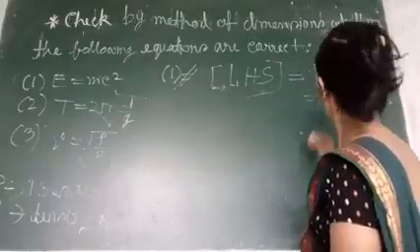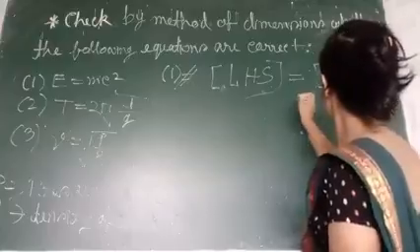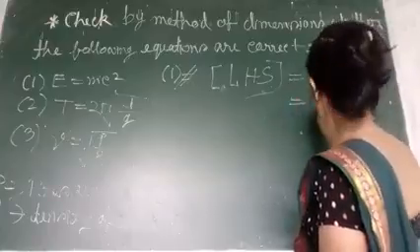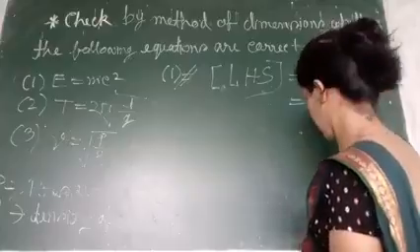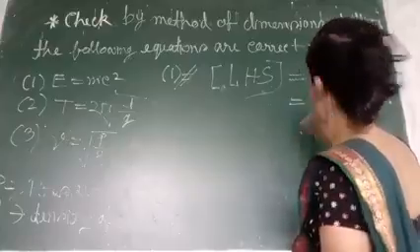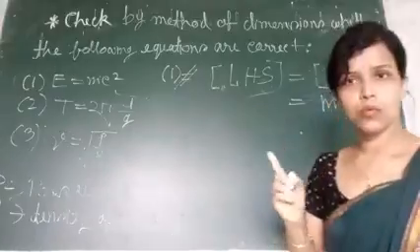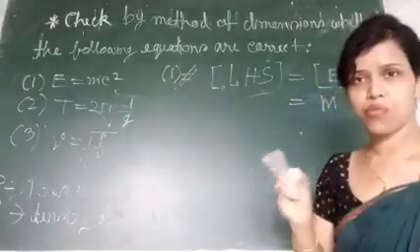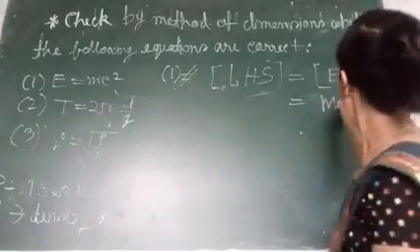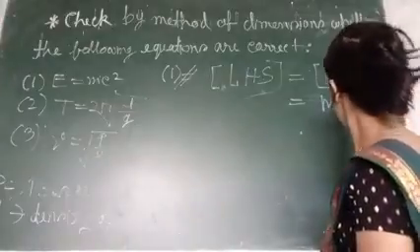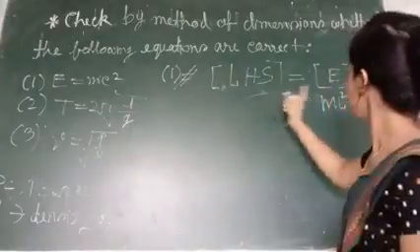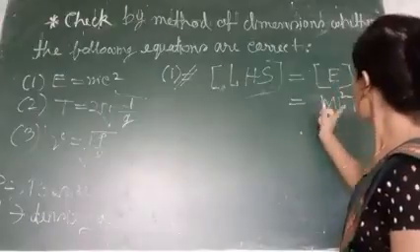E means this is energy. The energy dimensional formula we already got: work done, so force into displacement, so M L T to the power minus 2 into L, which is M L square T to the power minus 2. So the dimensional formula for energy is this one.